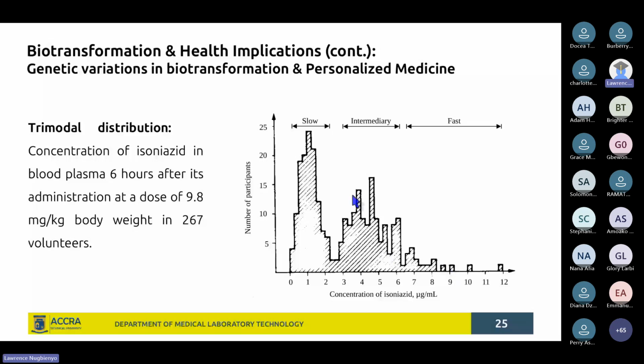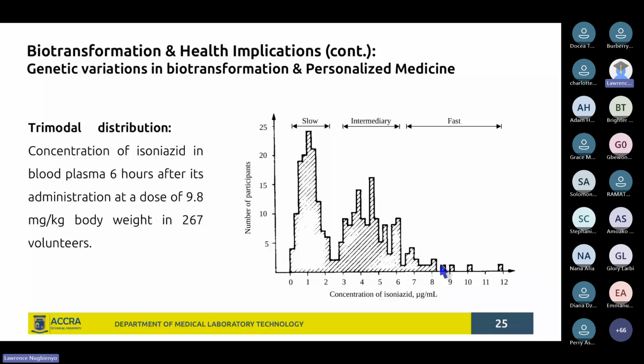And so you could see the distribution of this group of people into 3 different groups as slow metabolizers, intermediary metabolizers, and fast metabolizers.